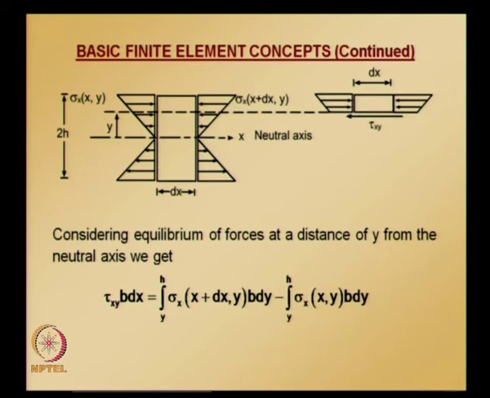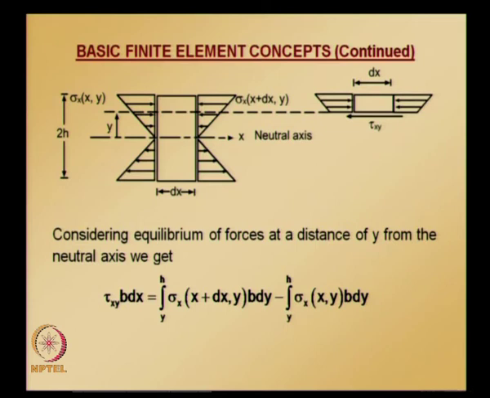Normal force is obtained by multiplying sigma x with b and dy. dy is the thickness of a small slice taken at a distance y from the neutral axis.